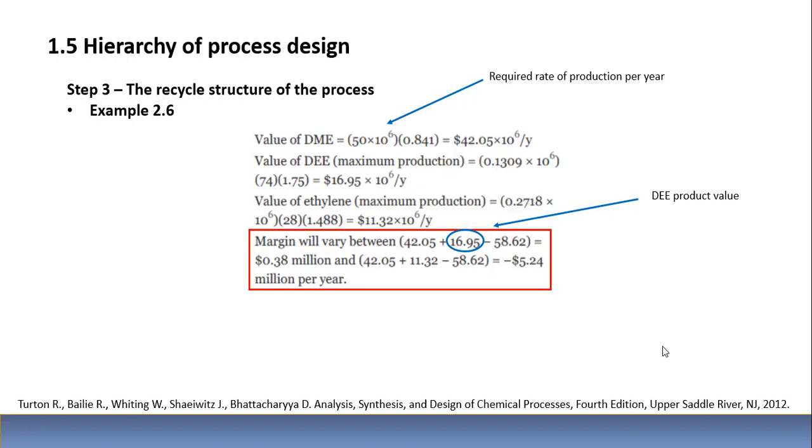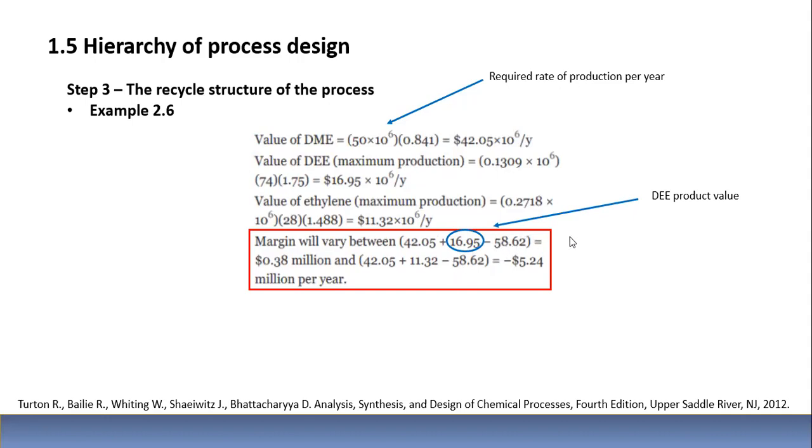So now we can have an analysis of what the margin will be if we produce dimethyl ether and diethyl ether versus producing dimethyl ether and ethylene, and then we subtract the reactants.